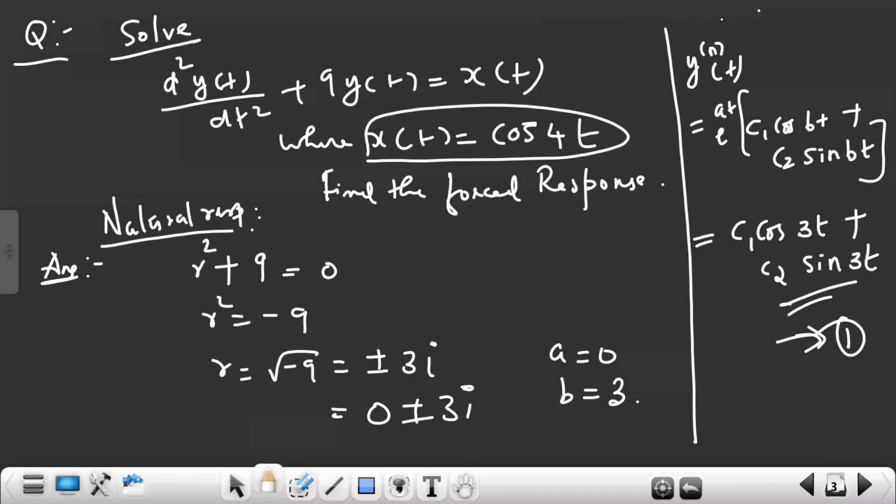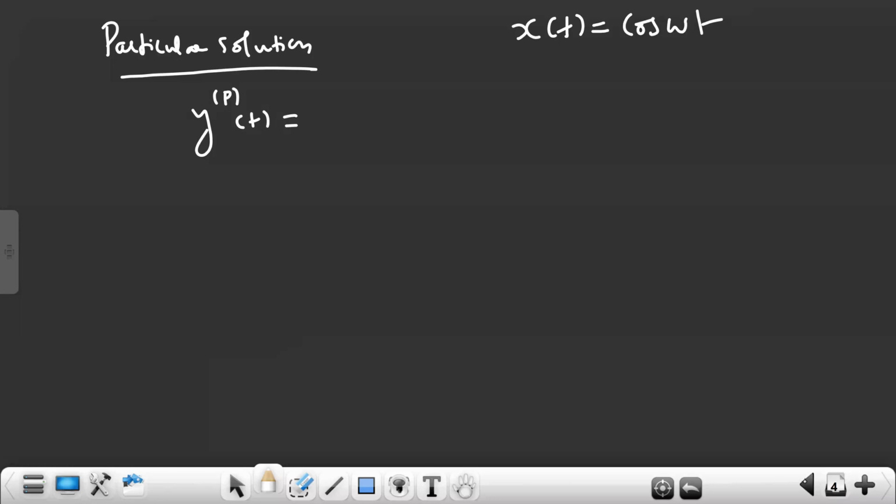Based upon that, what is your particular solution? K1 cos 4t plus K2 sin 4t. Yes, very good, because omega is 4 here.